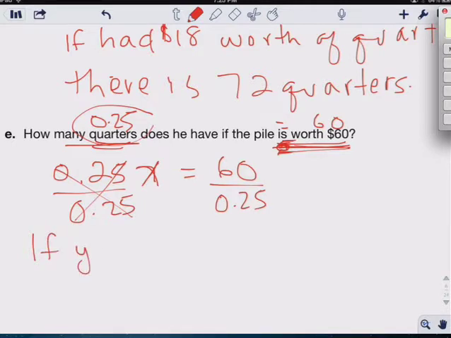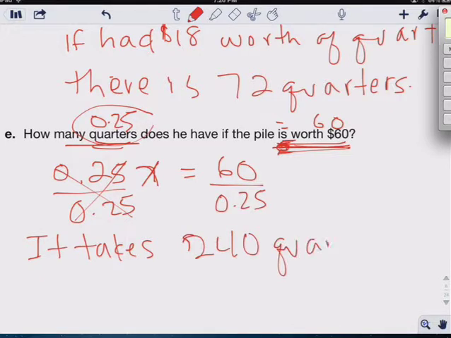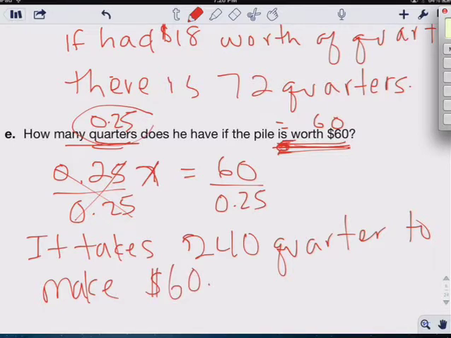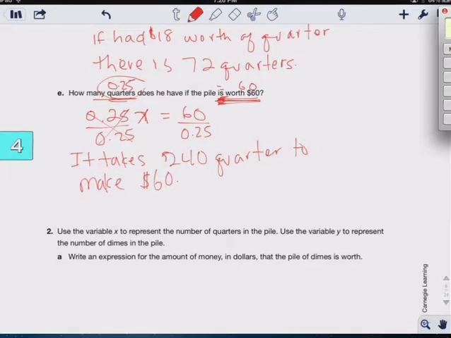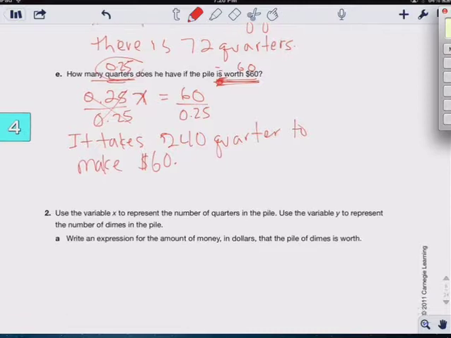If you had 240 quarters, it takes 240 quarters to make the $60 that he had. So he had 240 quarters to make the $60, whichever way you want to put it.